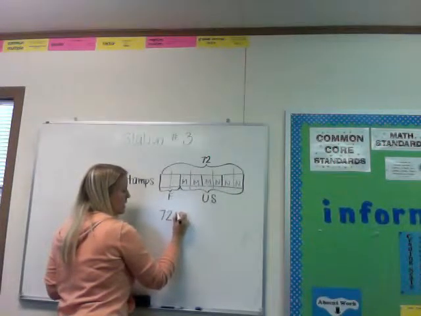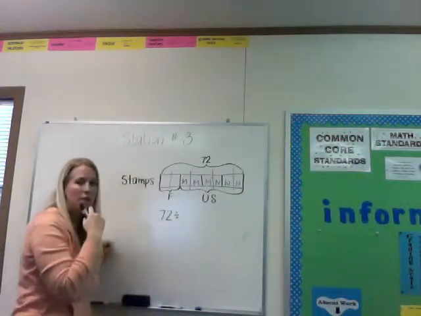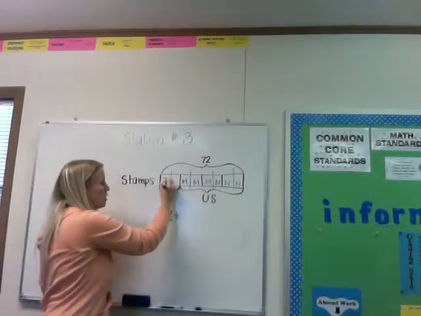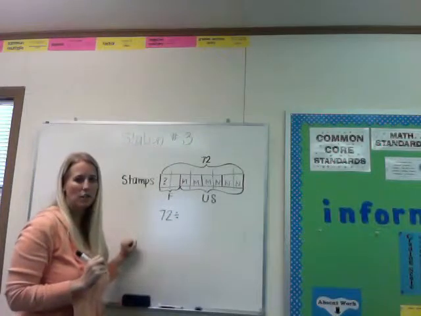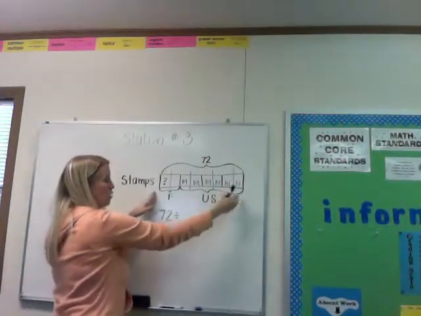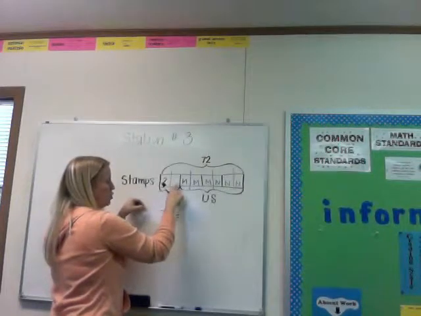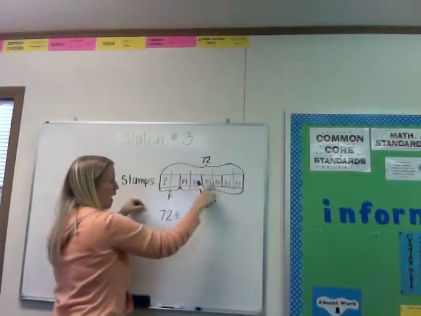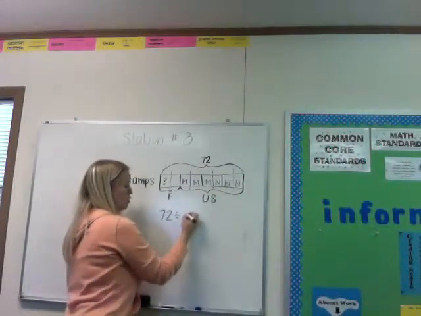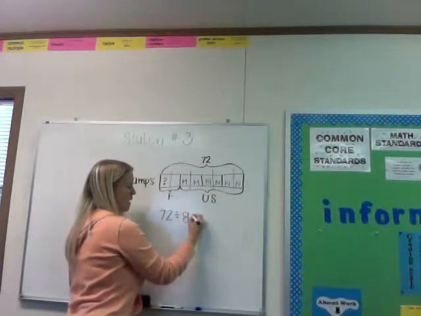And my first mathematical step is to ask myself, how much is one of these boxes worth? So if I have 72, and there's 1, 2, 3, 4, 5, 6, 7, 8 small boxes, I'm going to do 72 divided by 8.